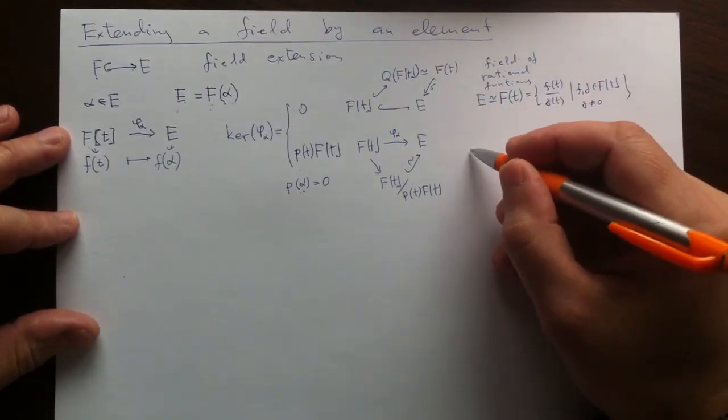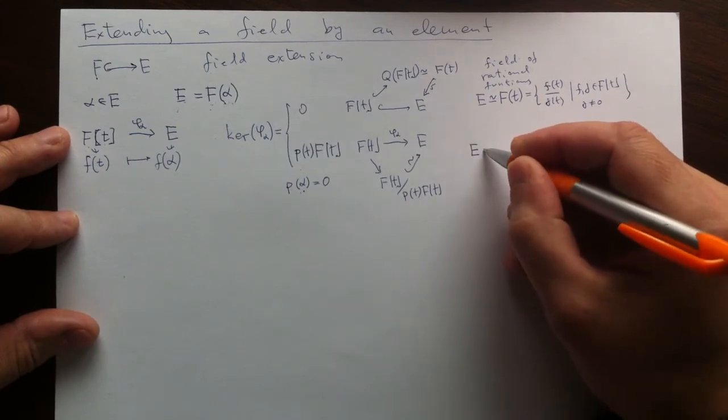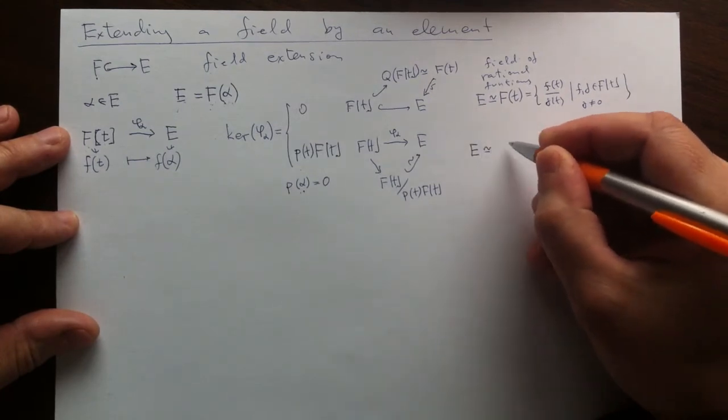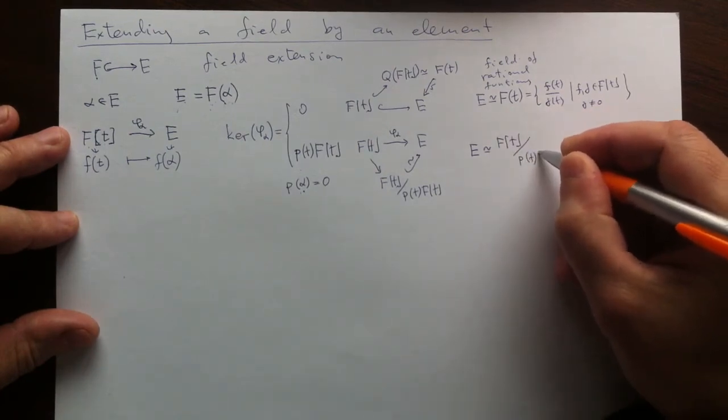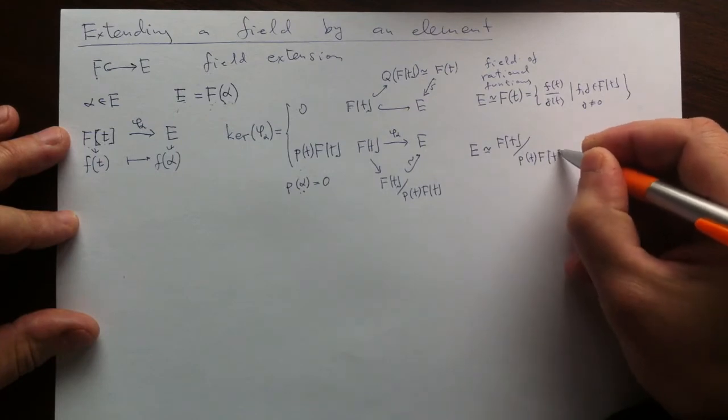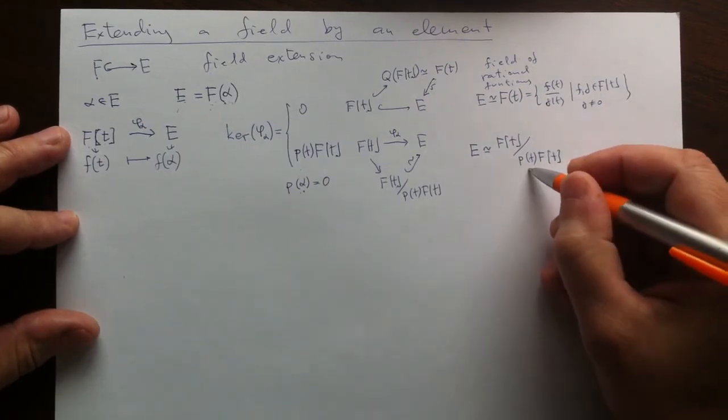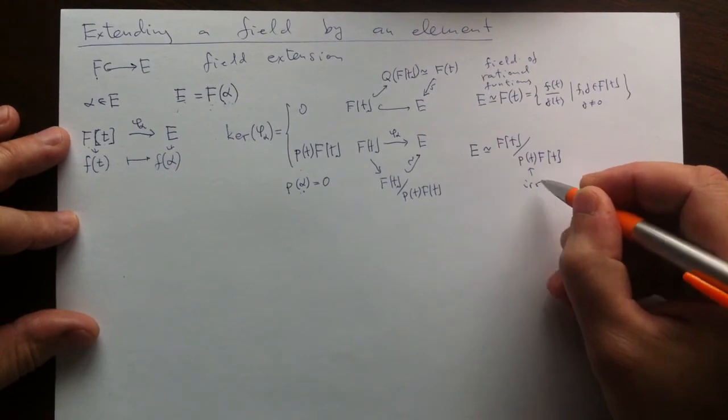That embedding is actually an isomorphism if E is generated by alpha. And so in the second case, E will have to be isomorphic as an abstract field to the quotient of the polynomial ring of f by this irreducible polynomial, little p.